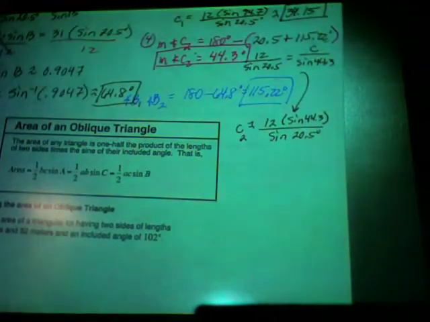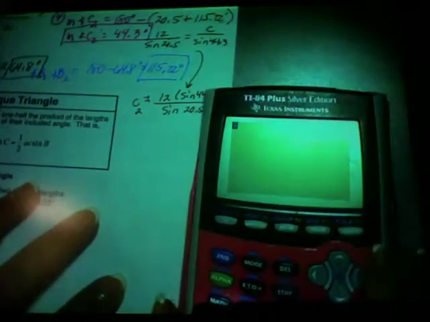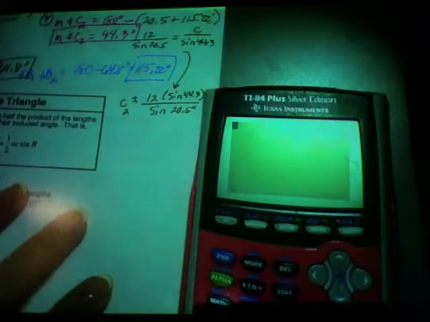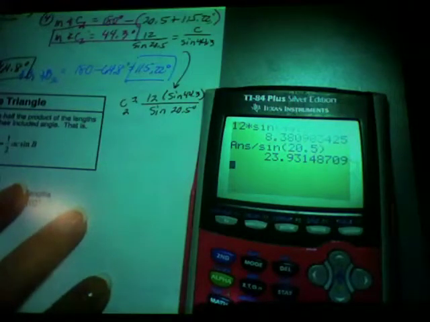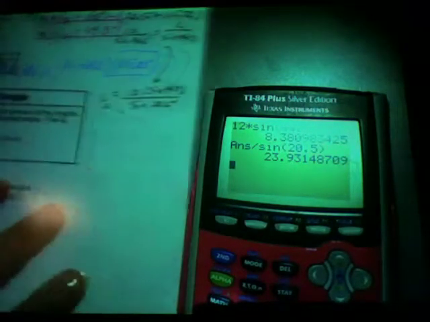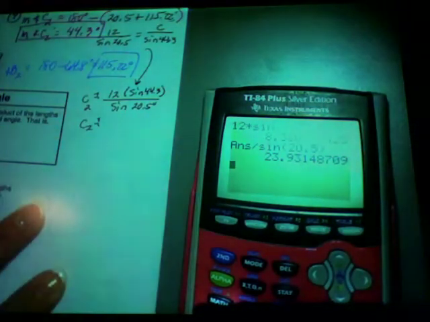I'm running out of room, so I didn't use my algebra. Hopefully you got that. All right, go ahead and figure that one out. It should be less than 31. And did we get something less than 31? Yeah. So C sub 2 is approximately equal to 23.9.